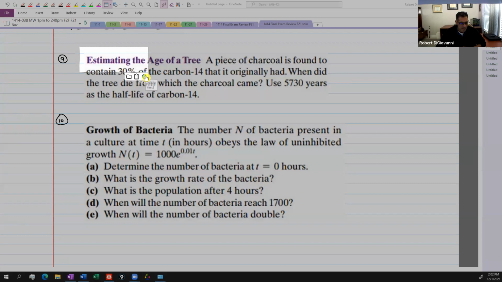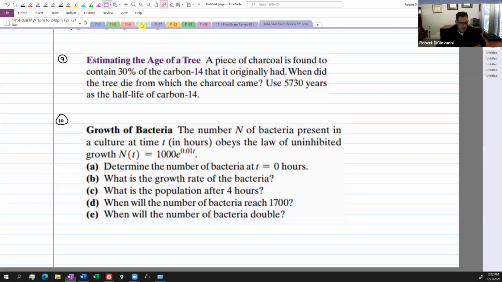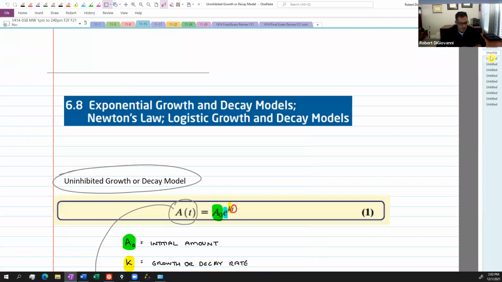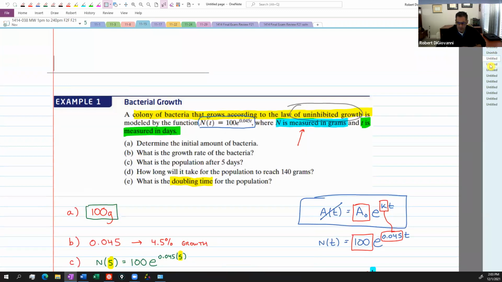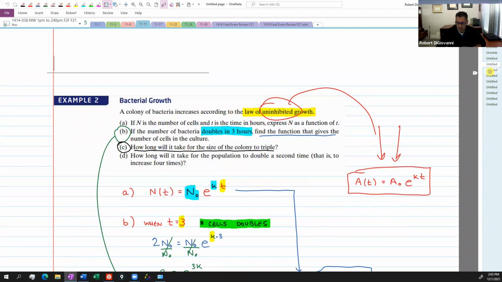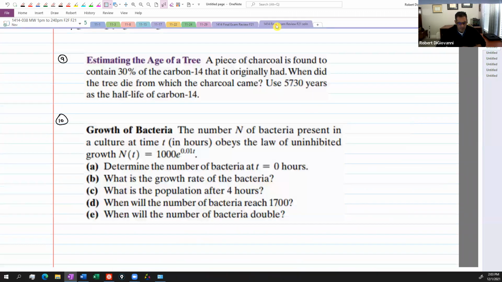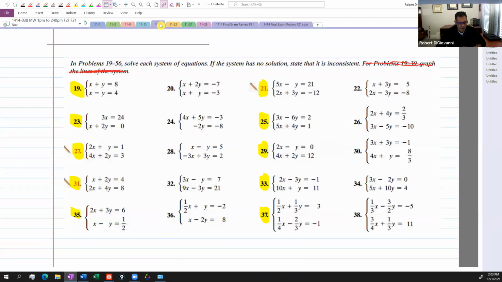Hold on though. I feel like I know we did this. I feel like we did that problem exactly. Carbon 14. Yeah, you know what?